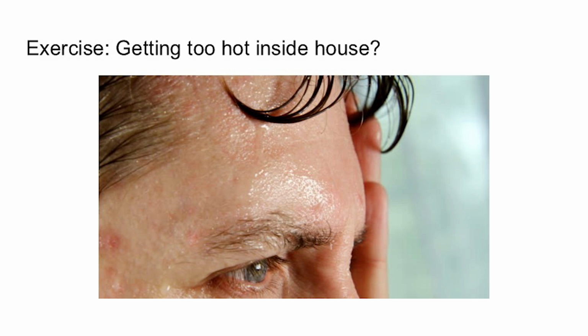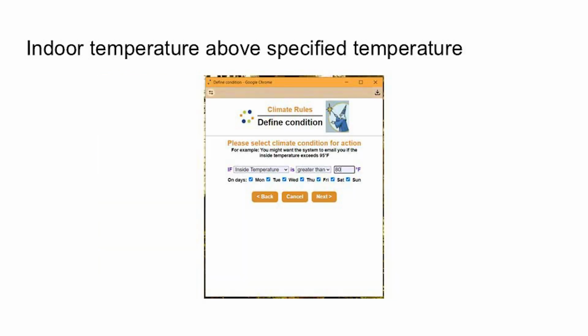There's specific things that you can do to act on this particular condition. This time we're looking at the inside temperature is greater than a particular value, then you would act. So that you could notify a neighbor, for example, and that neighbor could come check in on that person, or it can notify you, and you could check in on that person and suggest something, perhaps.